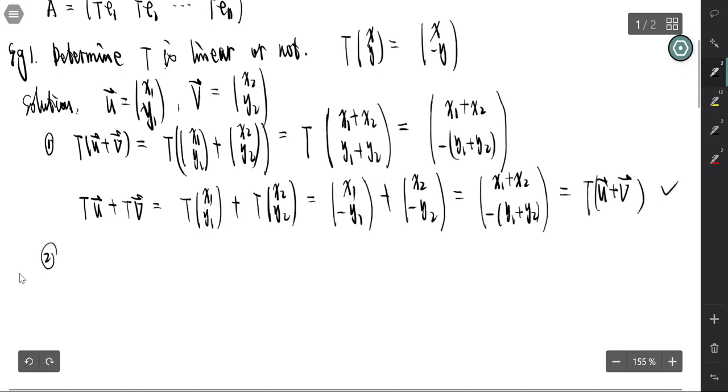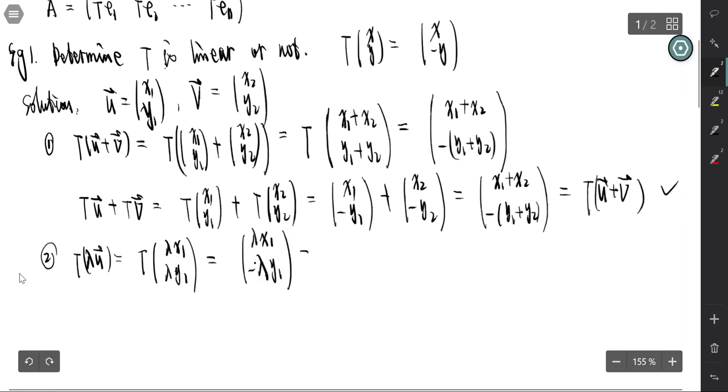The second condition, T(lambda u), that is T(lambda x1, lambda y1). Change the sign of the second coordinate, that is negative lambda y1. We take the lambda outside, that is lambda times (x1, negative y1), that is lambda Tu.